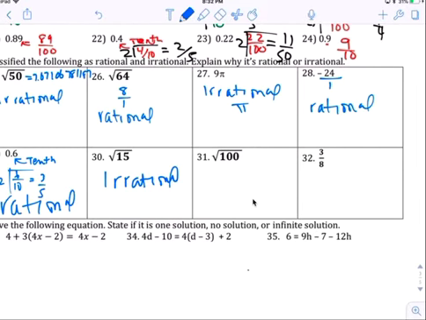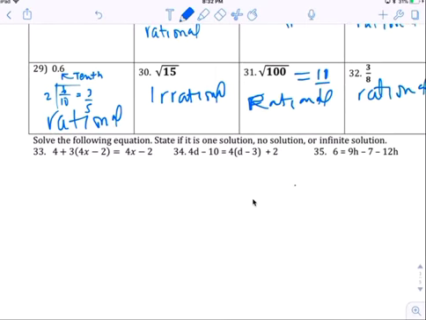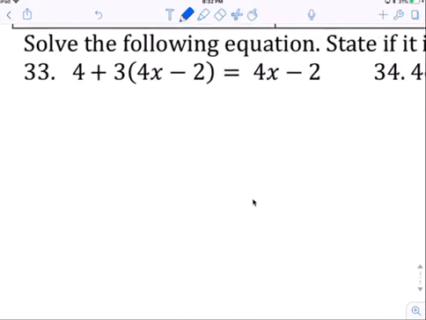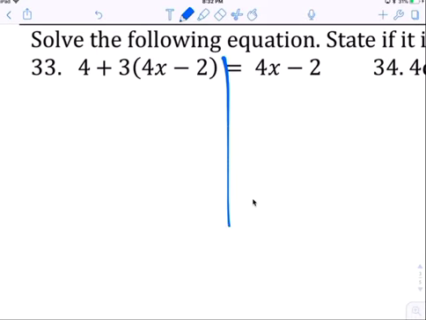The answer here is 10 over 1, so it's a fraction, so it's rational. And that's a fraction, so it's rational. Okay, if in your class I didn't get to solve these, make sure you solve them.